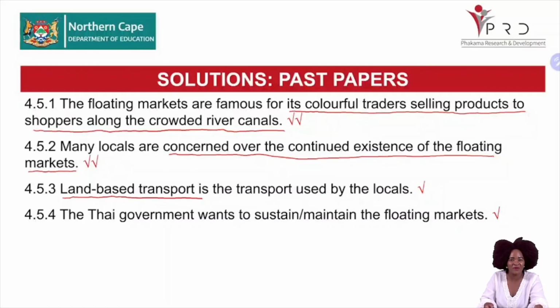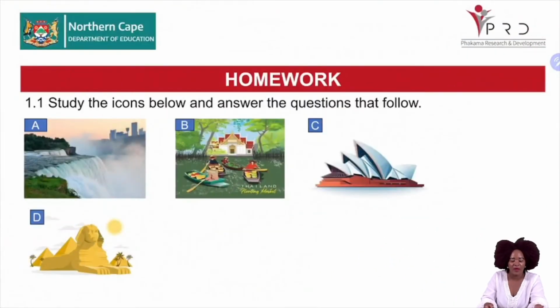So I want to believe that you have enjoyed this activity and you got your full marks here. Now I have a homework for you, grade 12 learners, whereby you're supposed to study the icons below and answer the questions that follow. Icon A, you can see the picture.